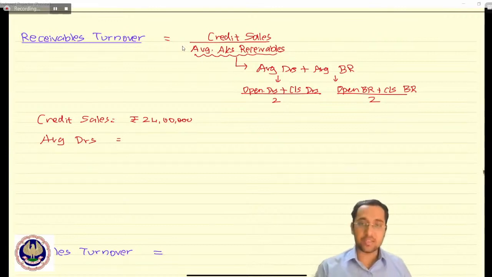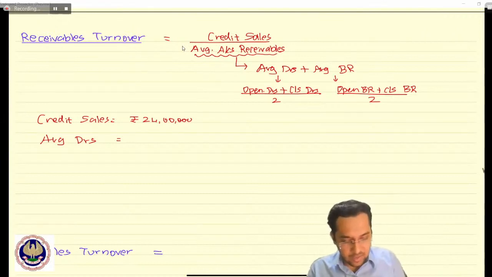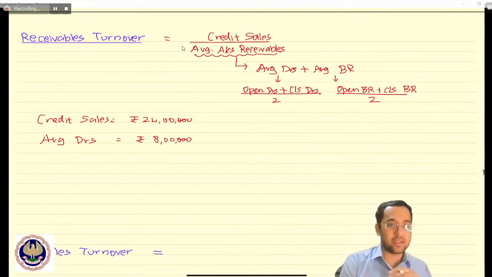So let's consider credit sales of 24 lakh, and average debtors of, let's say, rupees 8 lakh. On an average, we have 8 lakh debtors in our books.